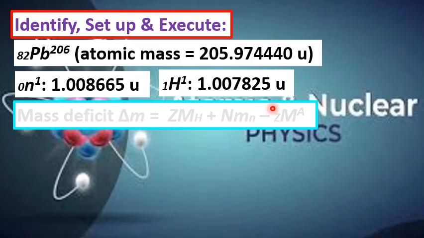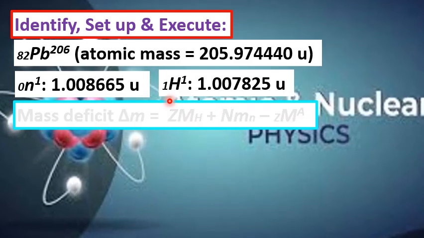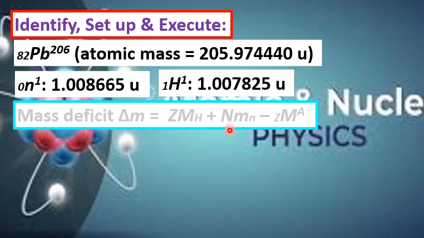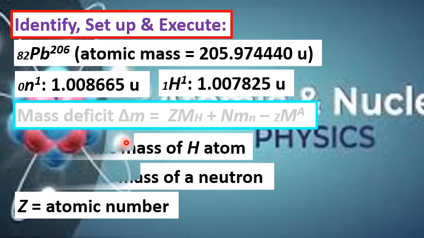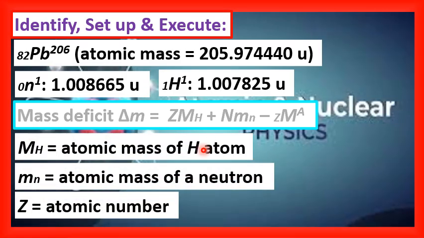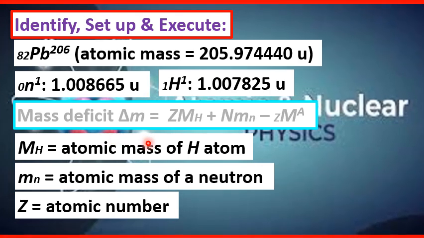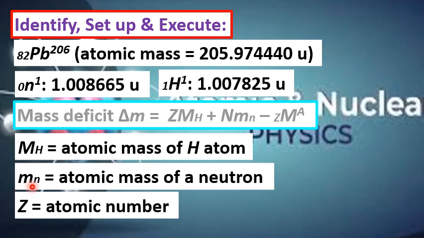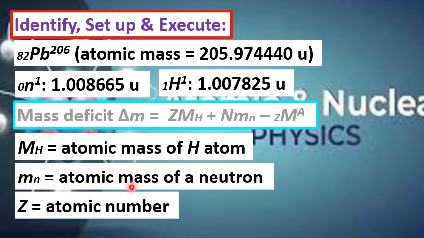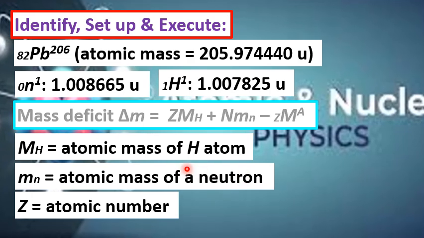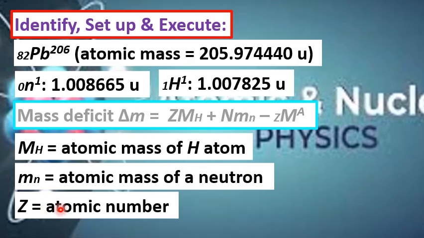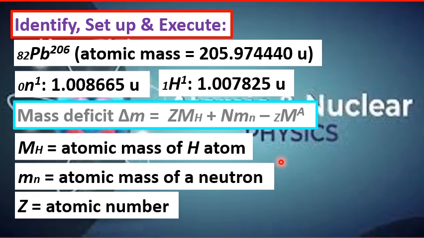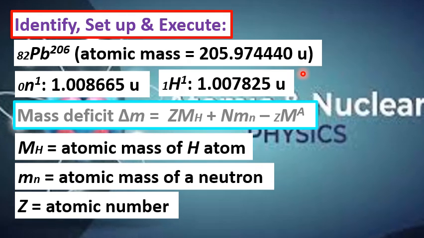So each of the quantities or symbols in this formula are defined here. Capital M sub H refers to the atomic mass of the hydrogen atom. Small letter m sub n pertains to the atomic mass of the neutron particle. Capital Z is the atomic number of the element.